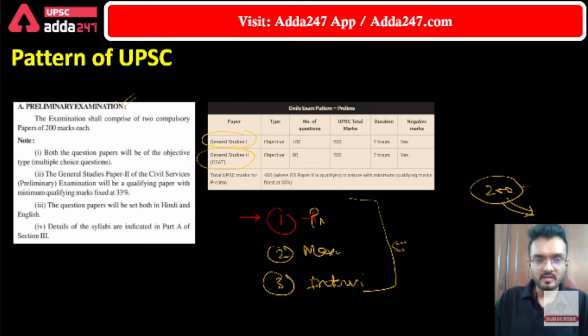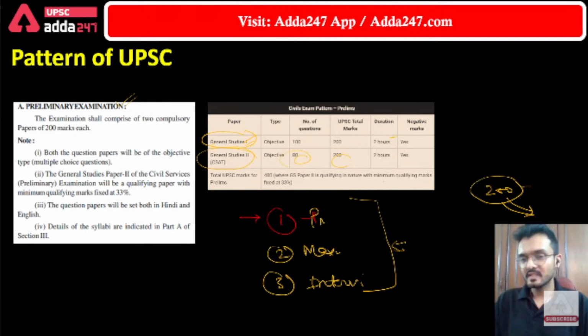To clear the prelims, GS paper 1 is very important, and apart from that there is also paper 2, GS paper 2, also known as the CSAT, which is also an objective paper. It consists of 80 questions, and the total marks for the CSAT is again 200.